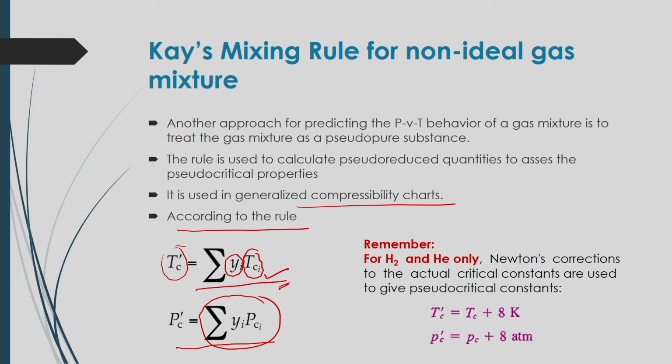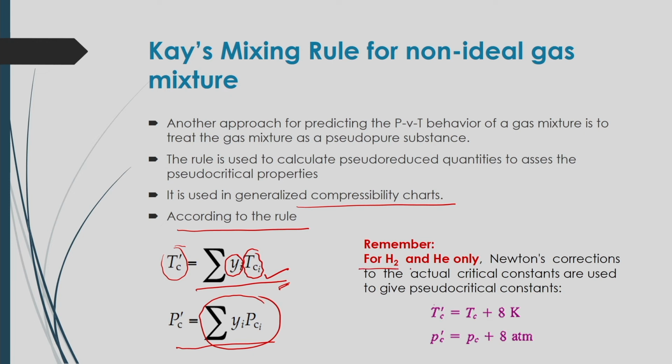It is seen that at the critical condition, hydrogen and helium gases will give you the pseudo critical condition if you add some factor to the critical temperature. Similarly, if you add some factor to the critical pressure, you will see that the pseudo critical temperature and pressure will be there.